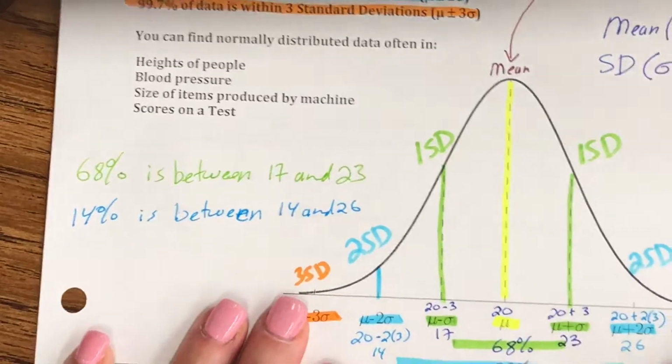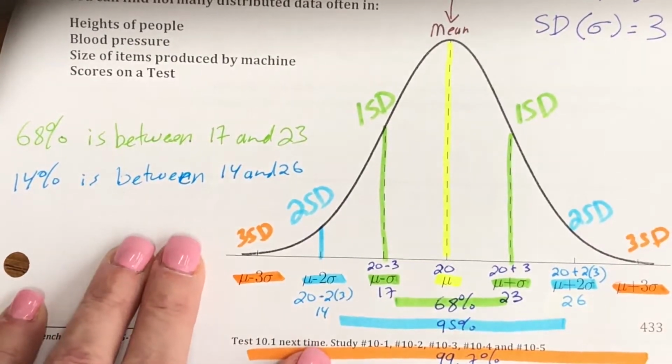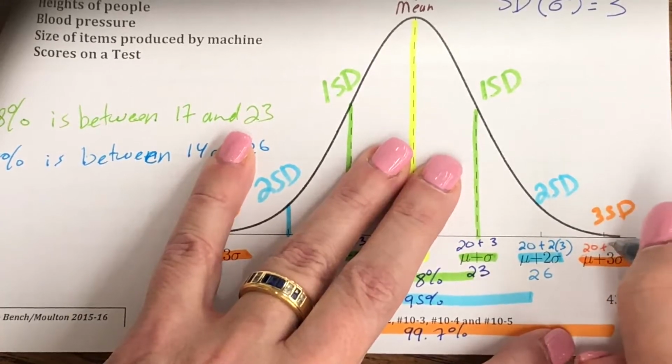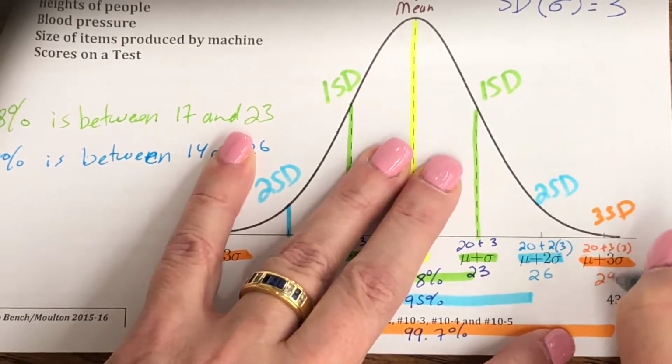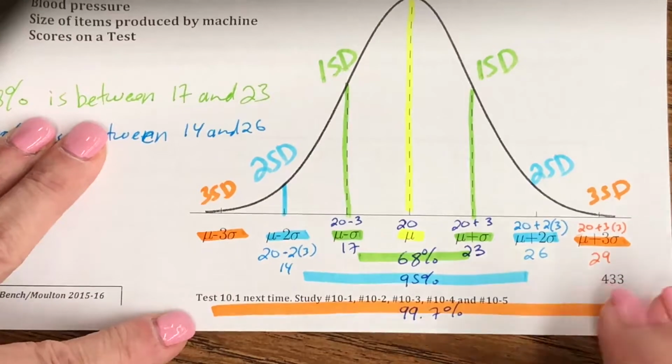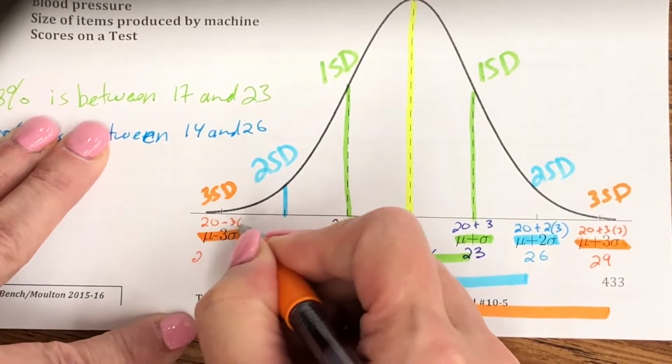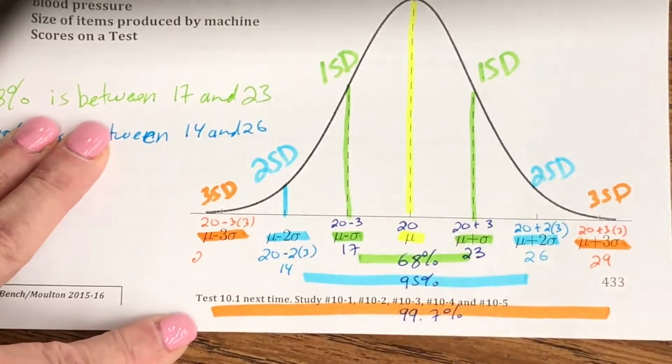Okay, and then our last one, we're going to find our third standard deviations. So to do that, I have mu, which is 20, plus 3 times 3 gives me 29. And over here, I have mu, which is 20, minus 3 times 3, which is 11.